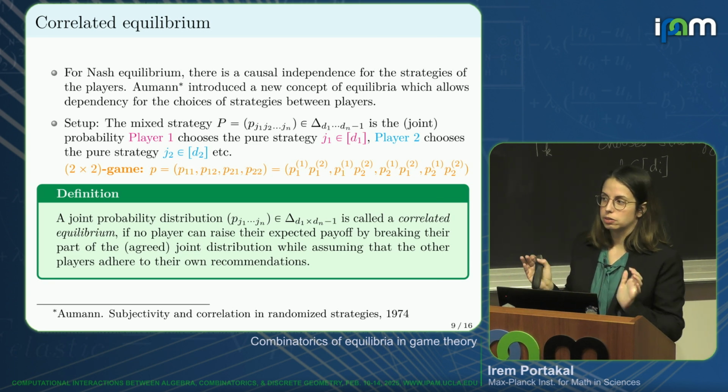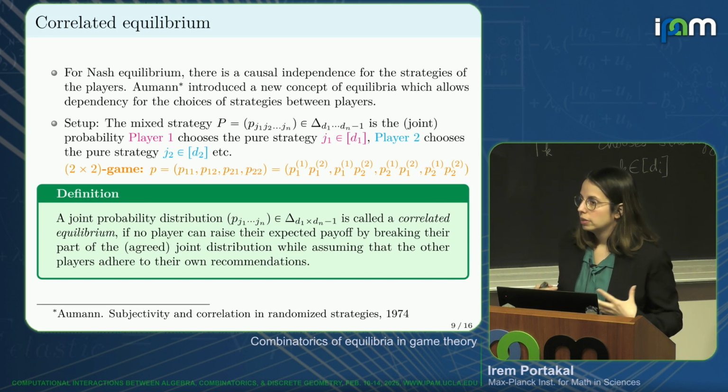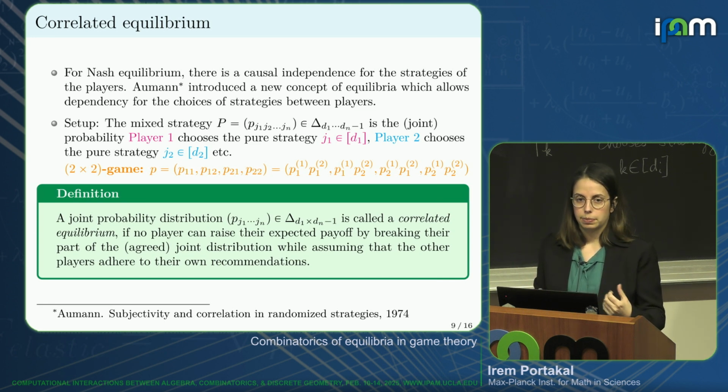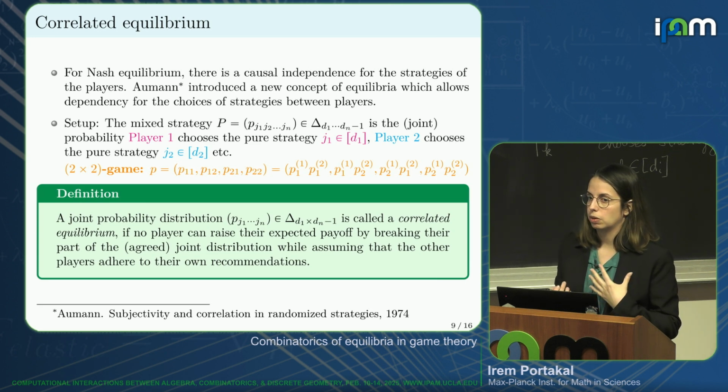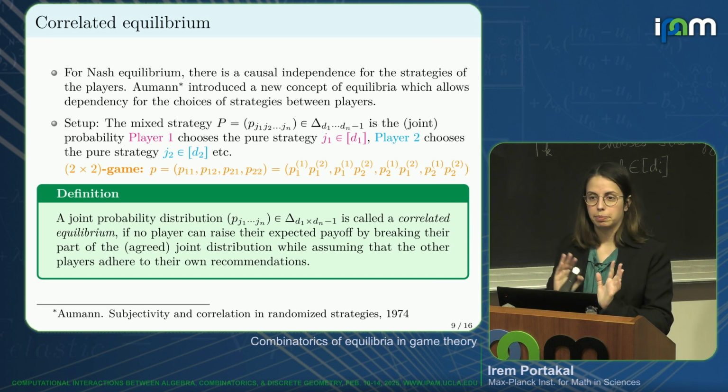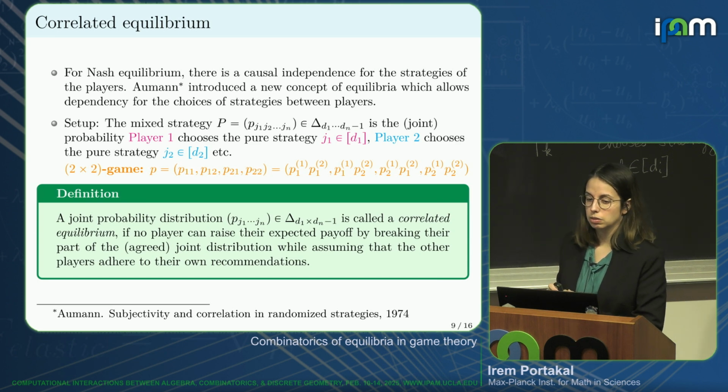We do not know what the others are doing, but we are just simultaneously maximizing our expected payoffs. And this might cause some problems. If you have heard about the prisoner's dilemma, the equilibrium points are not the best outcomes for the players. That's why many other notions were introduced, one of them being correlated equilibrium, which is not solving the prisoner's dilemma, but solving other situations in game theory.